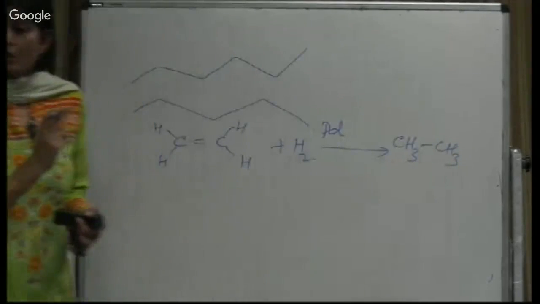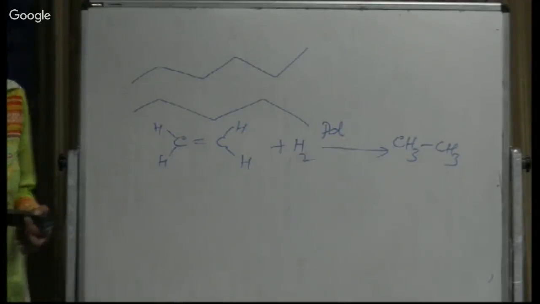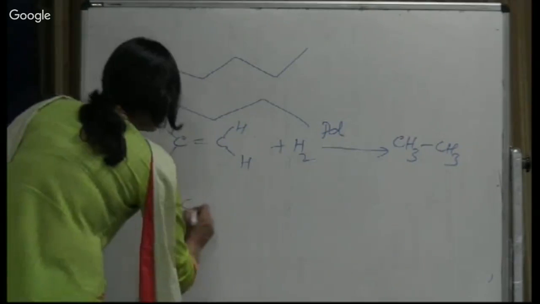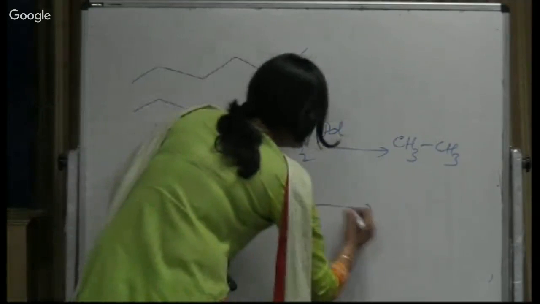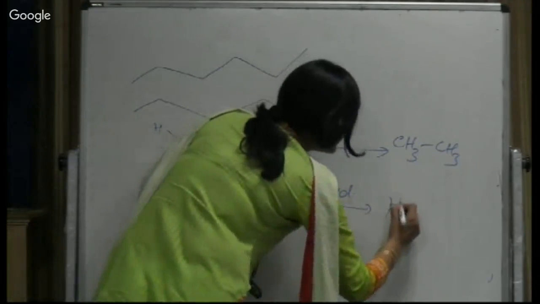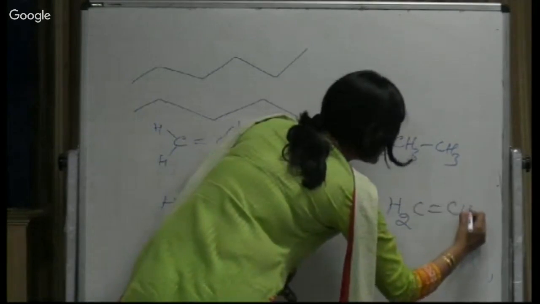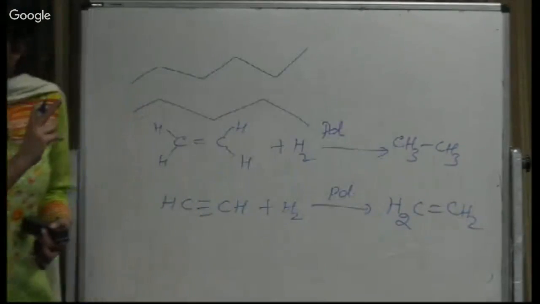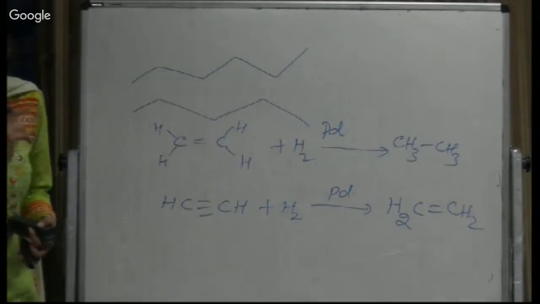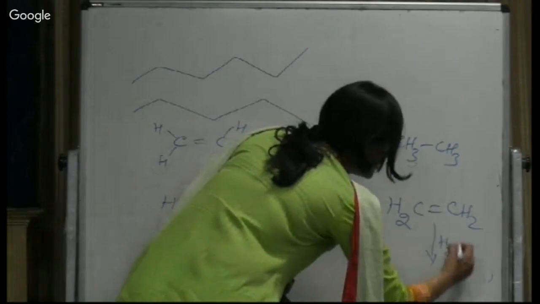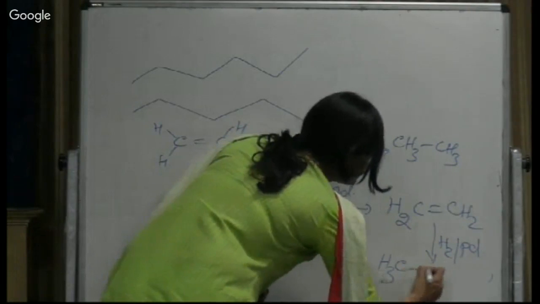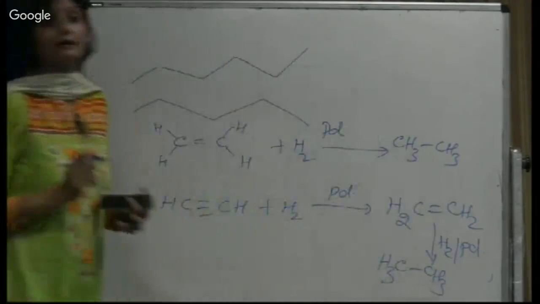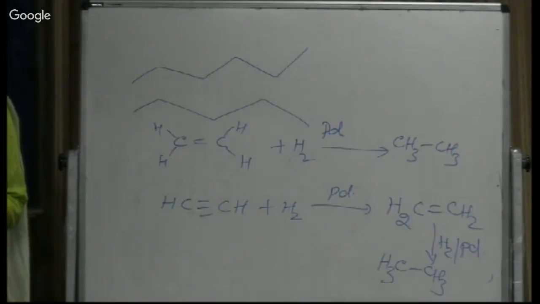It will add 1 molecule of hydrogen to form ethane, whereas if I start with acetylene, it will add 1 molecule of hydrogen and you will get first ethylene, and then this ethylene will further undergo hydrogenation with 1 more molecule of hydrogen and you will get ethane. Okay?